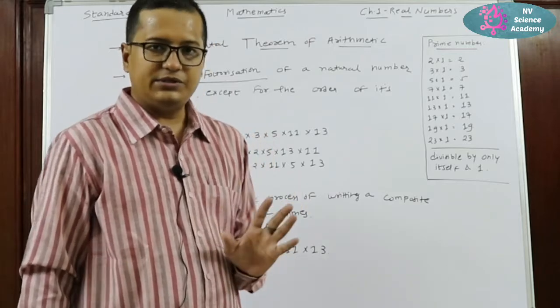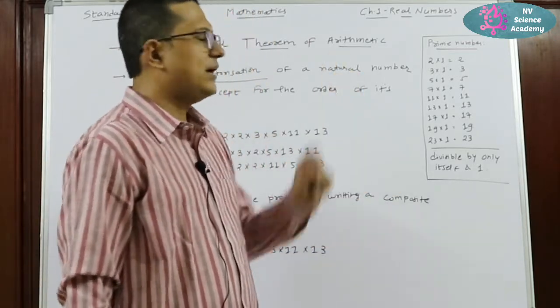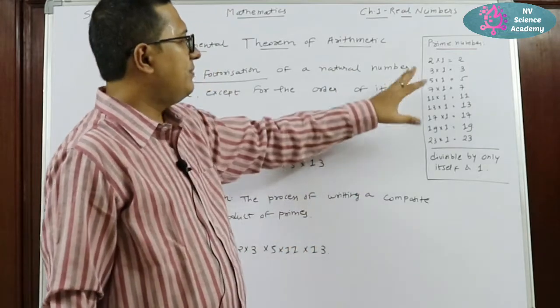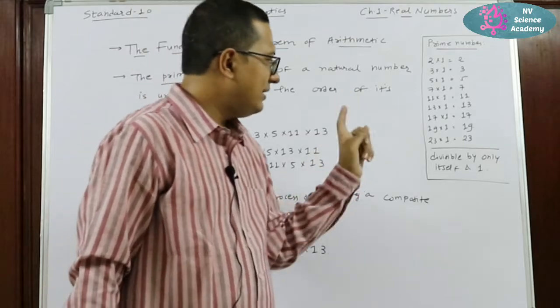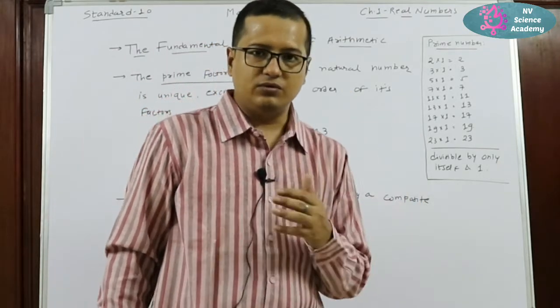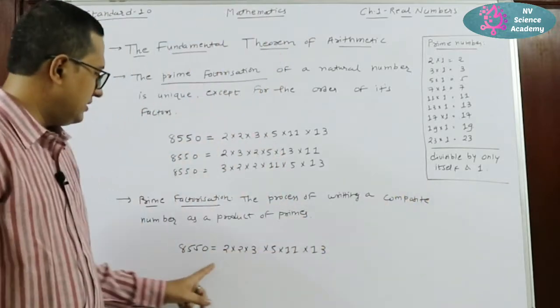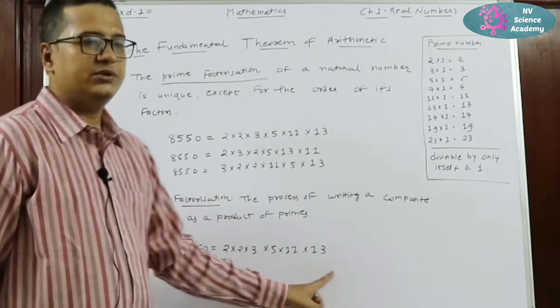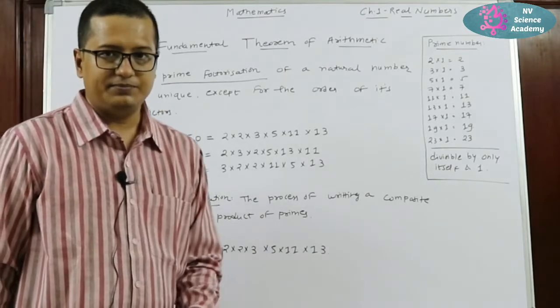I have listed some of the prime numbers: 2, 3, 5, 7, 11, 13, 17, 19, 23 and so on. So this is the fundamental theorem of arithmetic.